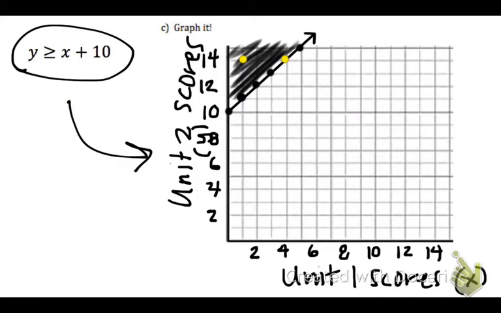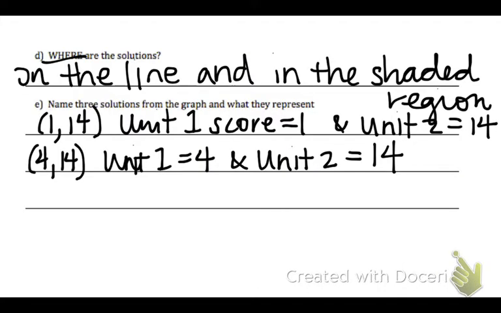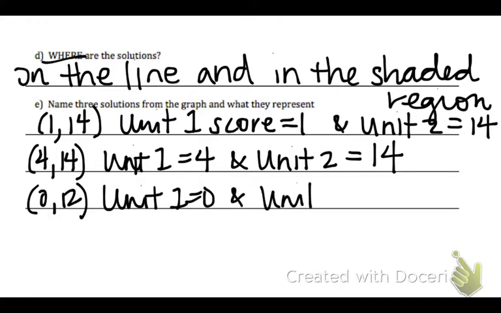All right, let's pick one that doesn't have a 14. How about this one, (0, 12). Unit 1, he got a 0, and Unit 2, he got a 12. So there he improved by 12, which is at least 10.